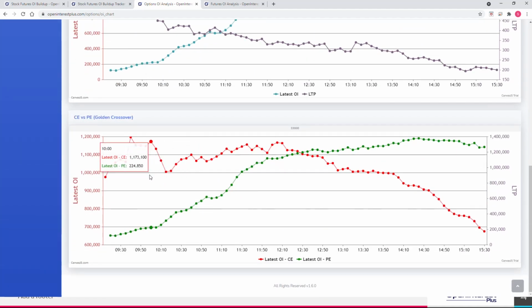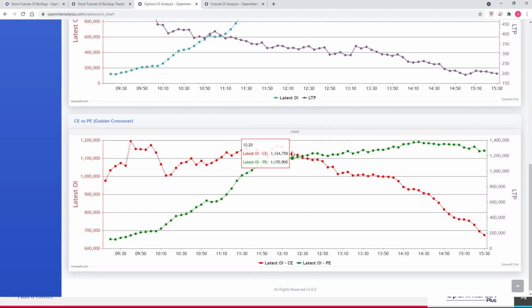The last chart, the additional chart we have given, is the crossover, the crossover of call OI and put OI. When the put OI crosses the call OI, it is generally termed as bullish. After 12:30, for this strike, there are more put writing compared to call writing.